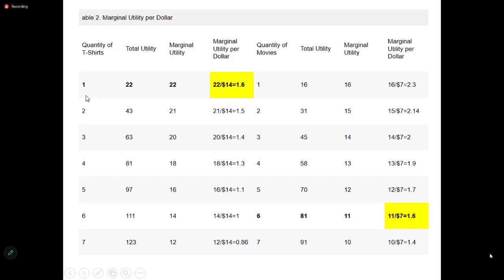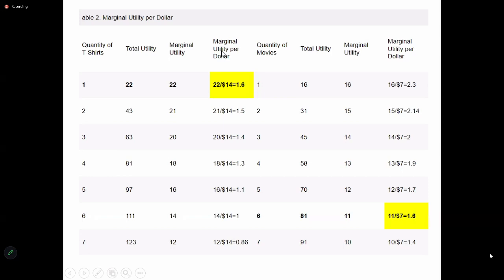Then marginal utility is clearly just the difference in total utility. Here 22, the difference between 42 and 22, then 41, 21, then 20, 18, 16, 14, 12. See, diminishing marginal utility. It hasn't reached minus yet.